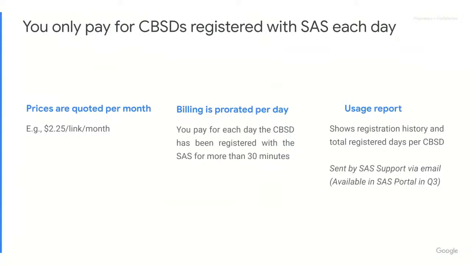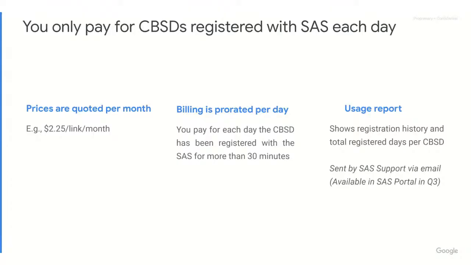We prorate those fees on a daily basis. What does that mean, prorating them? That means that as soon as your device is registered with us for more than 30 minutes, that counts as a day. So if you just turn on a device quickly to check it, don't worry, you're not going to get billed for that.